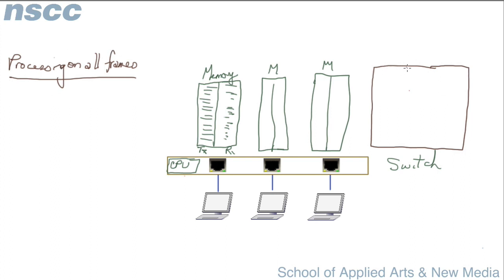And inside it had a big table where it kept track of every MAC address that it saw on all the ports that it had. So here we have a simple port number 1, port number 2, port number 3. Very easy to have 48 ports on a hub.